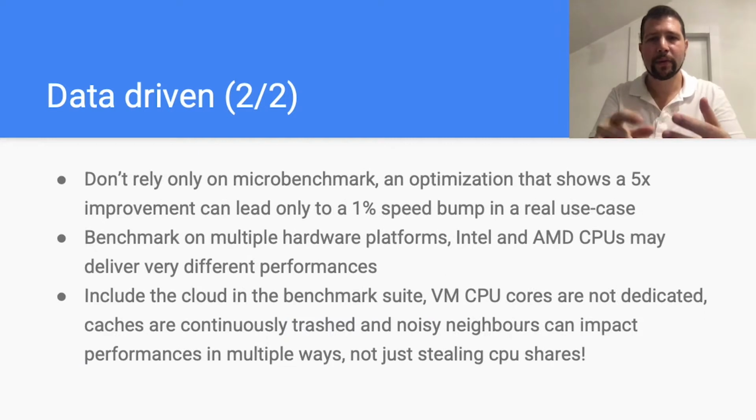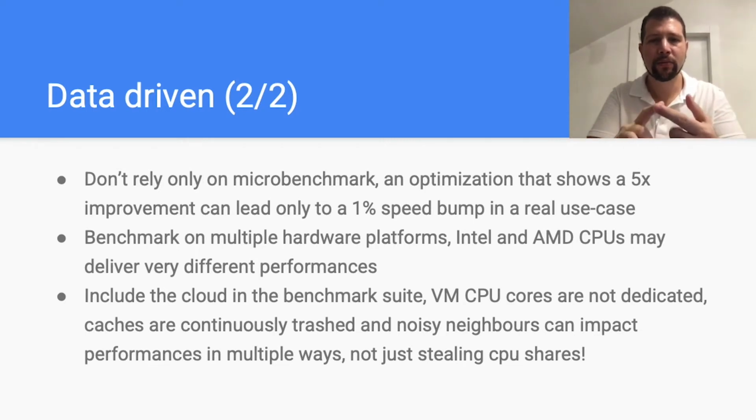It's important to keep in mind that a micro benchmark that shows a 500% speed improvement doesn't really translate to the same speed bump in a real use case. A micro benchmark does only one set of specific operations millions of times. An application usually does way less and performs additional work as well.